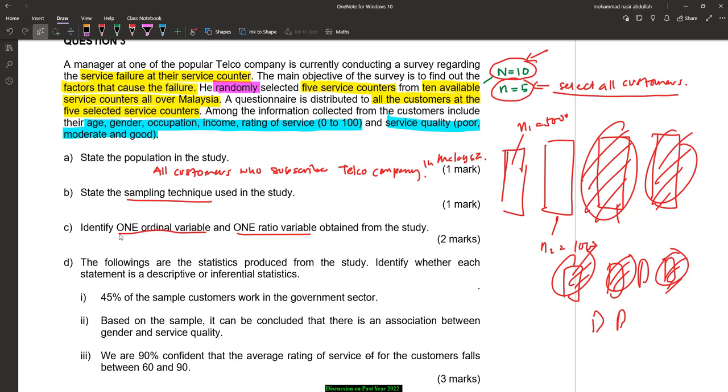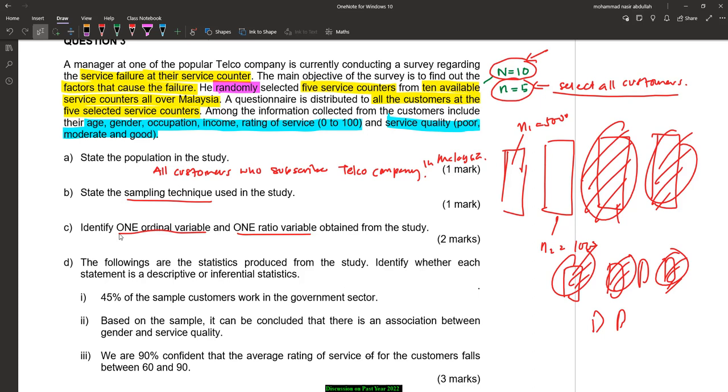So under qualitative, we have nominal and ordinal. Under quantitative, we have interval and ratio, right? So we know qualitative is a categorical variable, quantitative is a numerical variable, right? So dia kata kat sini ordinal variable should lie under qualitative, right? Kita tak sebut lagi dia punya characteristic ordinal and differentiation between ordinal and nominal, kan?